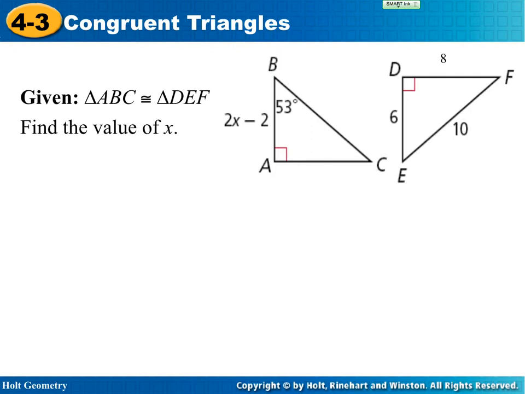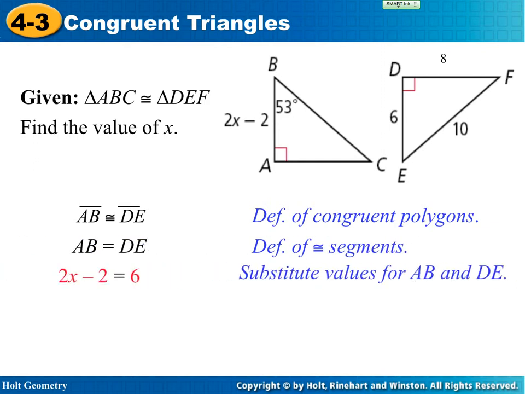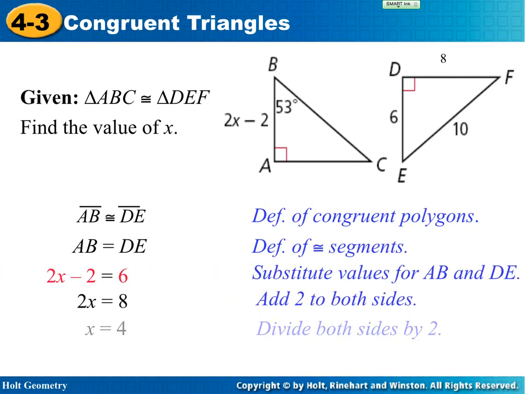Okay, so segment AB is supposed to match with segment DE. DE is 6, so the 2x minus 2 has to equal 6. So you can pick that out by the order that they matched up. And I solved it for you because it was kind of quick and easy.